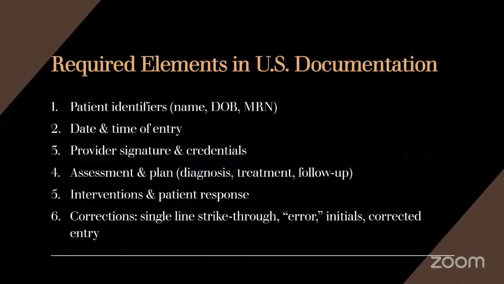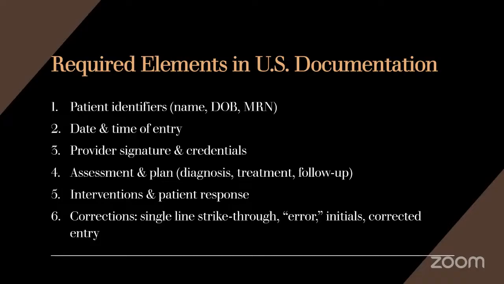So, the required elements in US documentation. There are certain elements that are universally required in clinical documentation. These include patient identifiers such as name, date of birth, and medical record number, then the date and time of each entry, and the provider's signature with professional credentials.